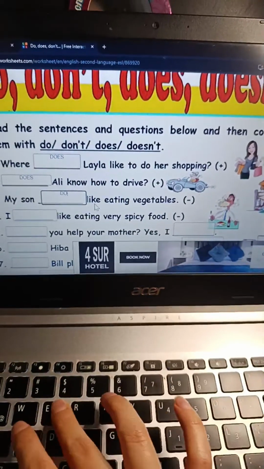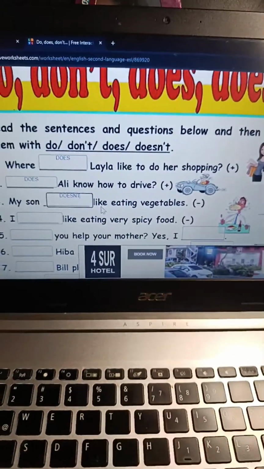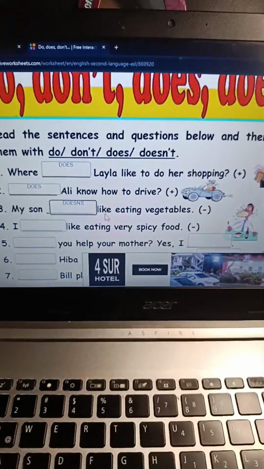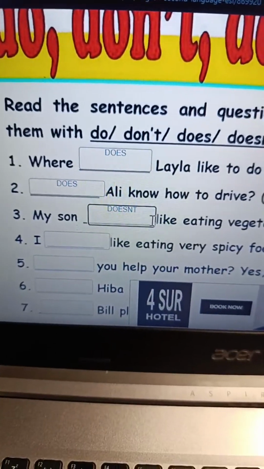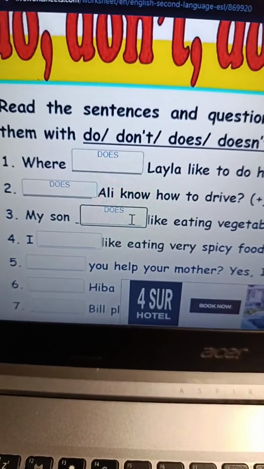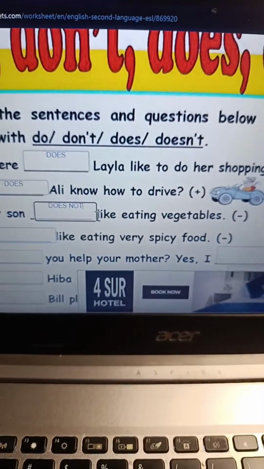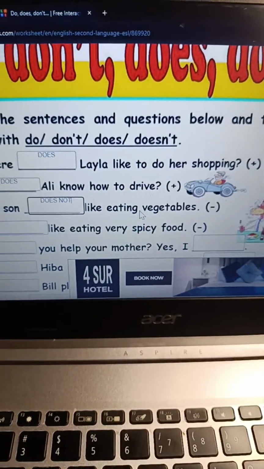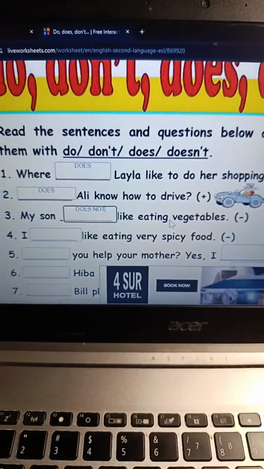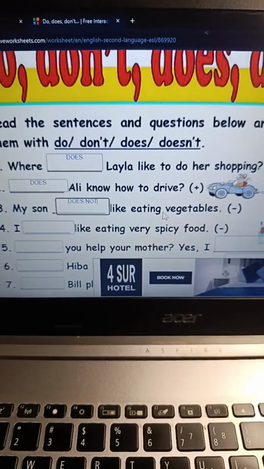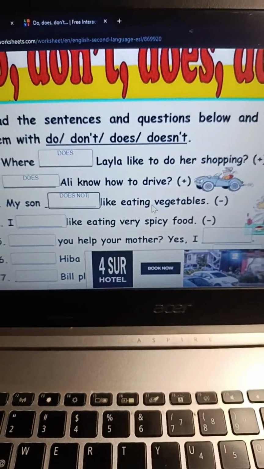My son doesn't, or doesn't or does not like eating vegetables. This is the negation. He does not like eating vegetables.